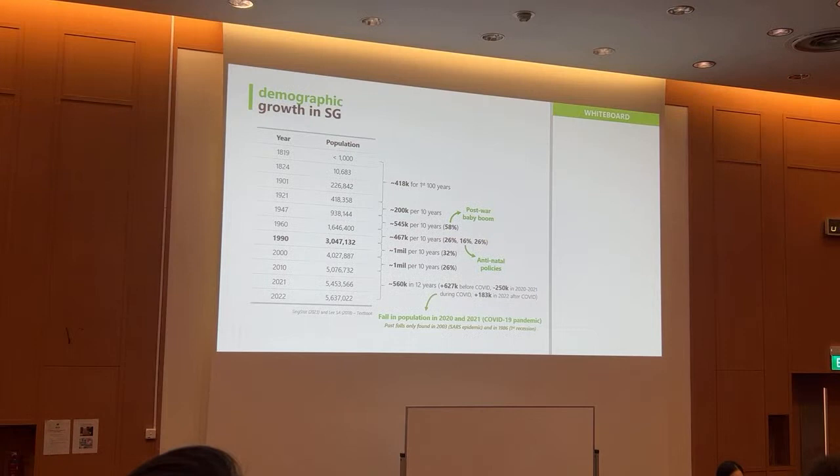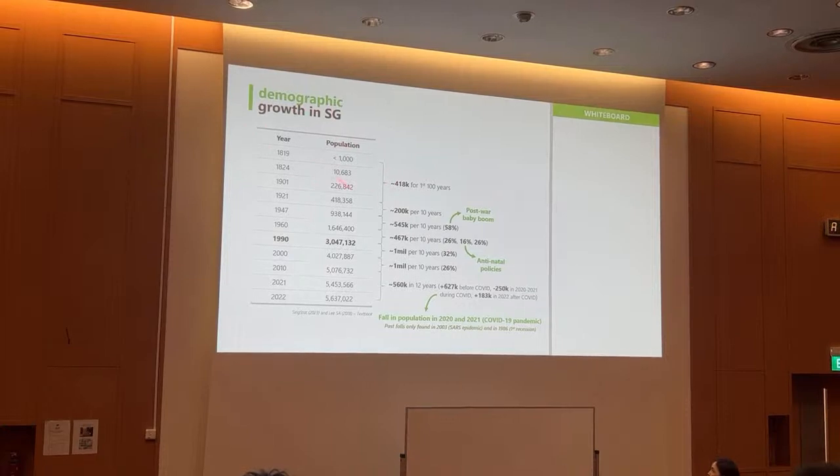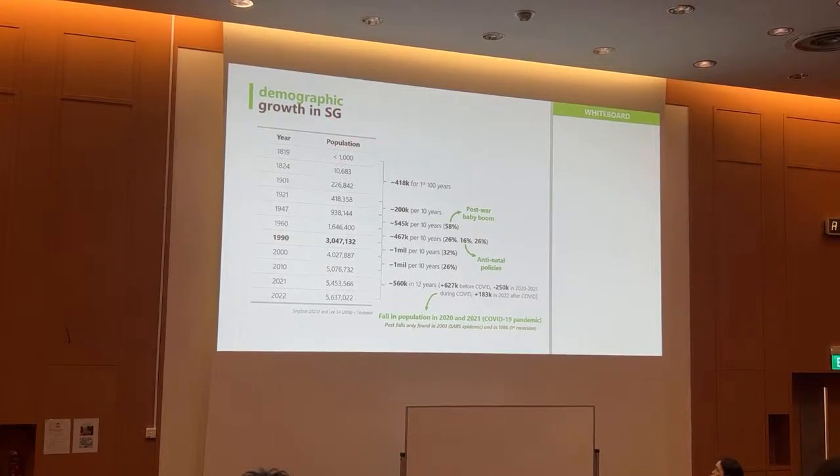So this is just a quick run through of how the population growth in Singapore may look like since the place became a British settlement. When Raffles landed on Singapore, there were less than 1,000 people on the island.